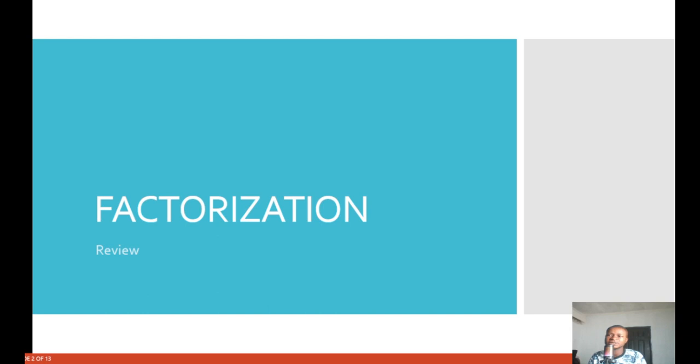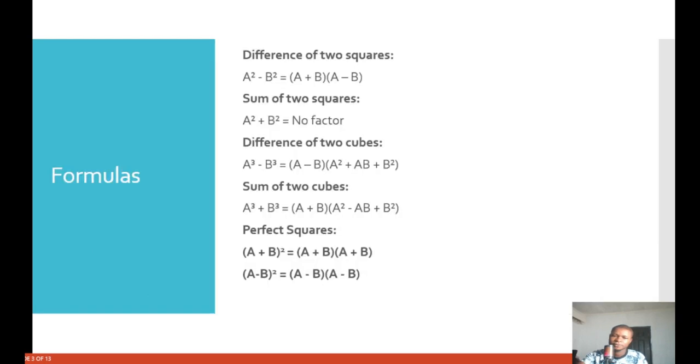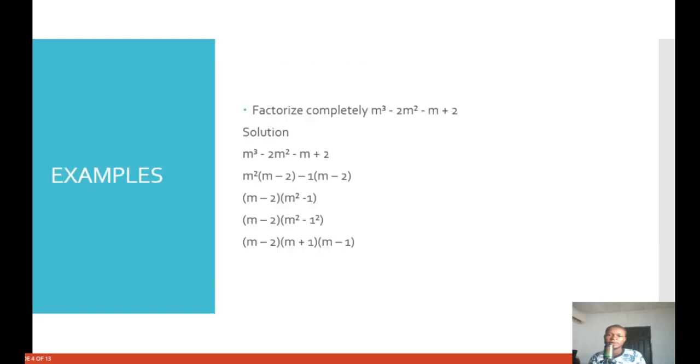Now I come to the next side, in which I have minus m plus 2. What can I bring out? I can see that nothing is common to both of them. So the idea I use is to use minus 1 to factorize. If I use minus 1 to factorize, obviously what is inside this bracket will be inside this bracket.